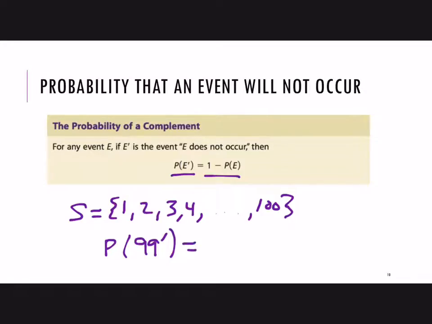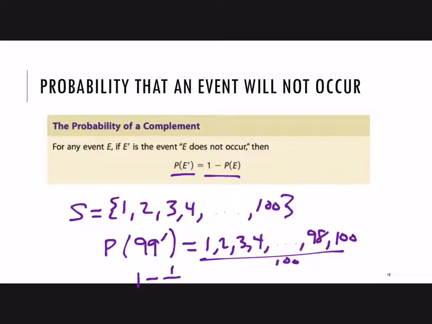In some situations, if this wasn't easy to count, you'd have to add up all these numbers except for 99, all the way up through 98, and then 100, and count all of those up, divided by 100 options, etc. Or the shortcut is to just subtract 1 minus the one option that we don't want.